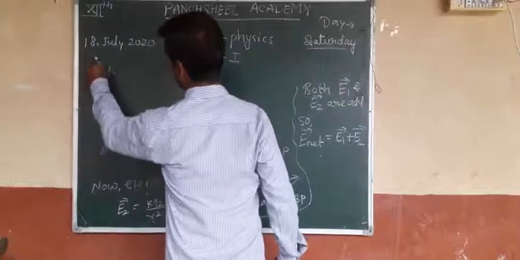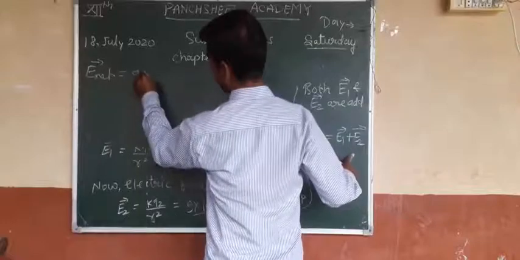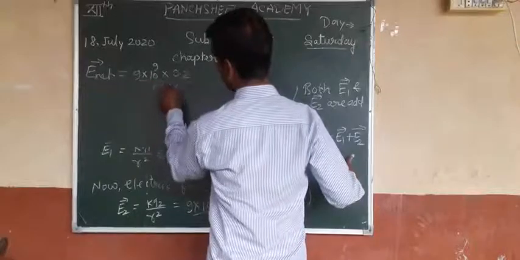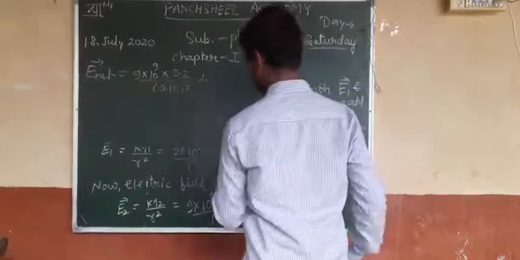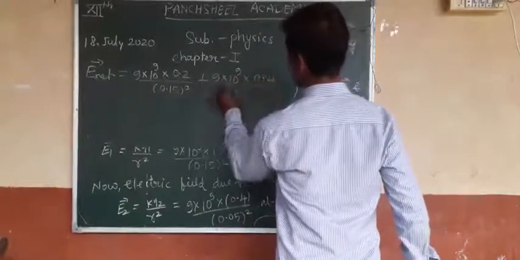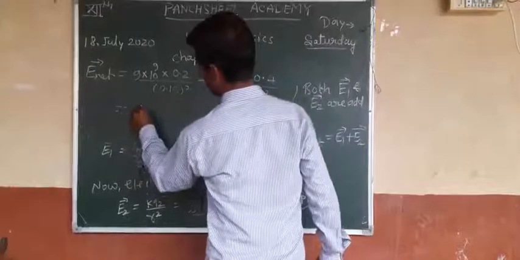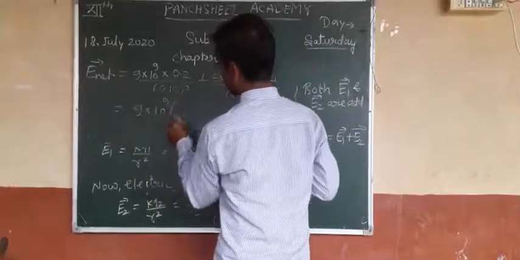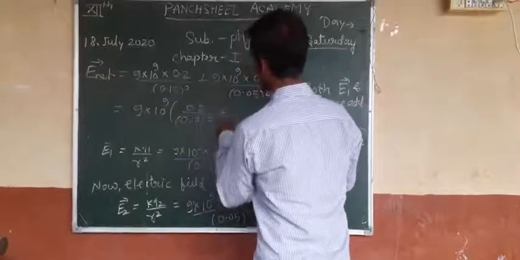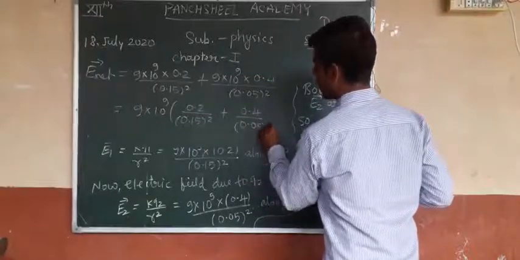E net equal to E1 plus E2. So what is the value of E1? 9 into 10 to the power 9 into 0.2 upon 0.15 whole square, plus what is the value of E2? 9 into 10 to the power 9 into 0.4 upon 0.05 whole square. So take the common 9 into 10 to the power 9 and 0.2 upon 0.15 whole square plus 0.4 upon 0.05 whole square.